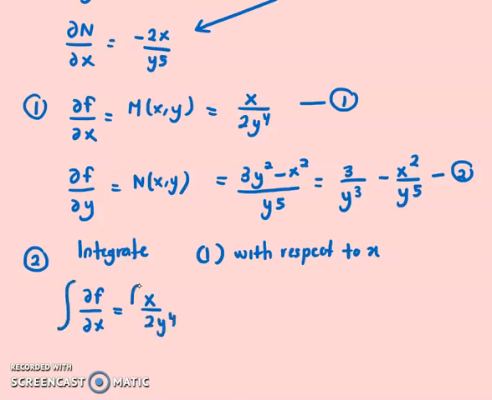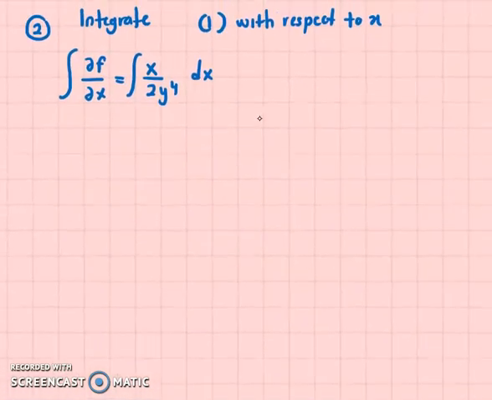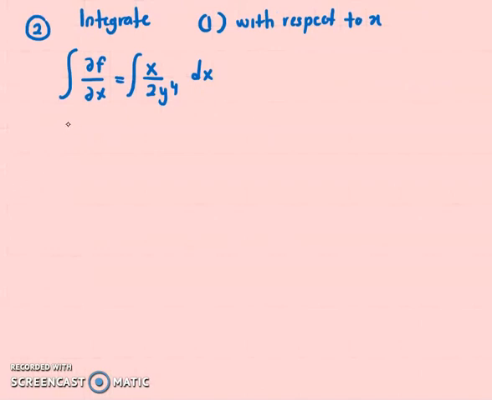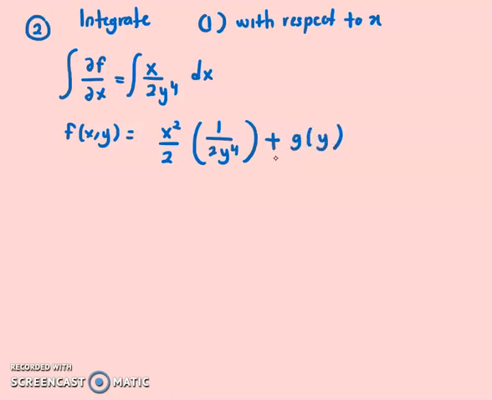Now I want to integrate this with respect to x. So this will give me f of x,y equals x^2 over 2, and then we have the other term here, plus g(y). Simplifying this, x^2 over 4y^4 plus g(y).